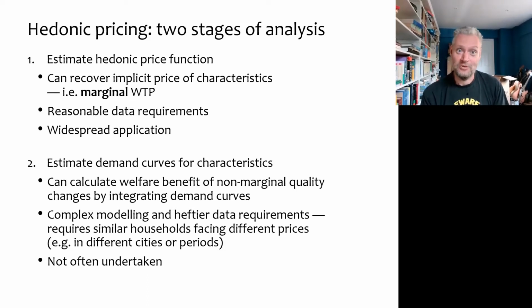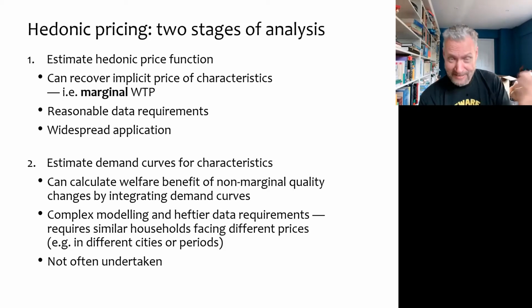And then your model also needs to include the dynamics of the housing market, and those are typically quite complicated. So this is relatively straightforward to do for small changes in the environment, but much harder to do for non-marginal environmental changes. And therefore it's not often done.